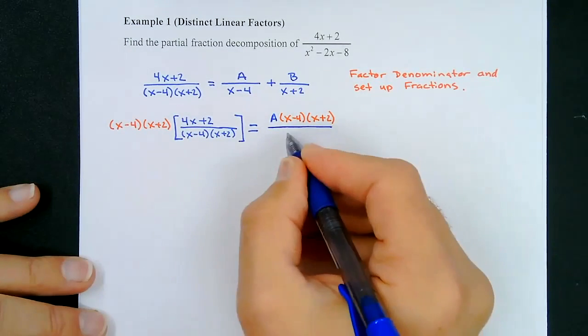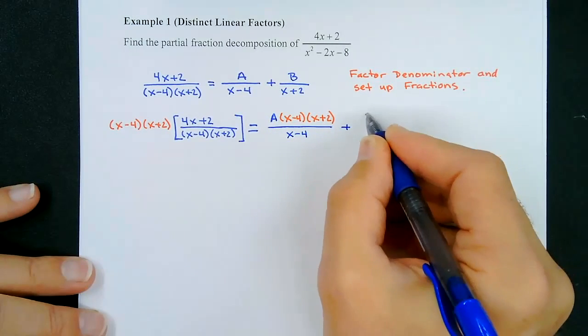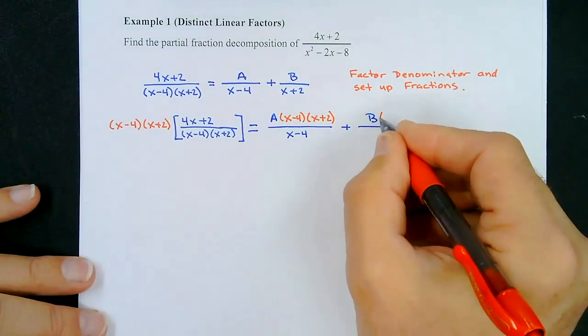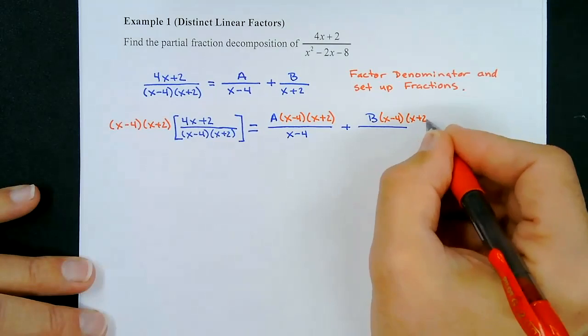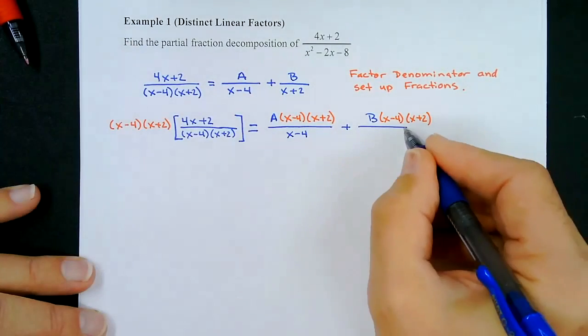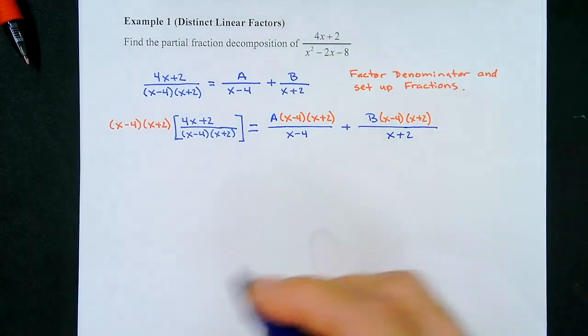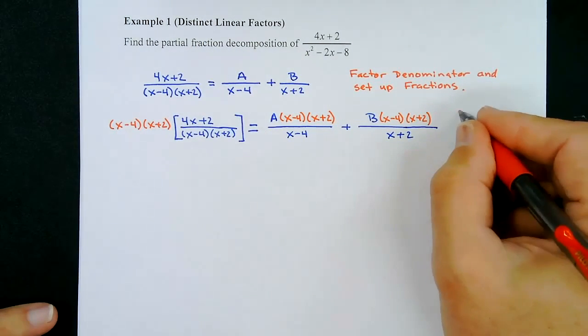So over x minus 4. And then plus my b over x minus 4 times x plus 2, extend my fraction bar a little bit more, and this would be x plus 2. Okay, so that's how we multiply to clear out fractions.